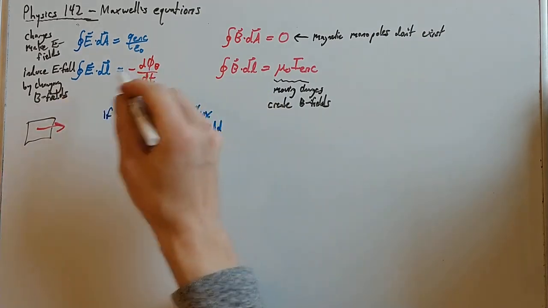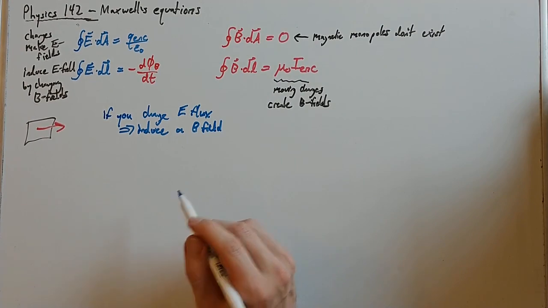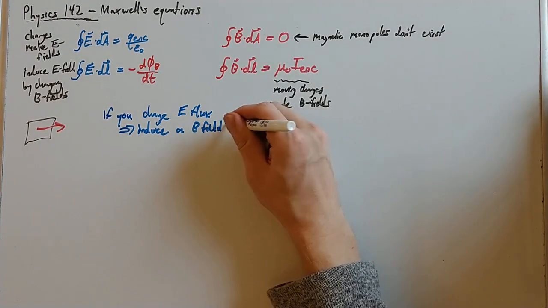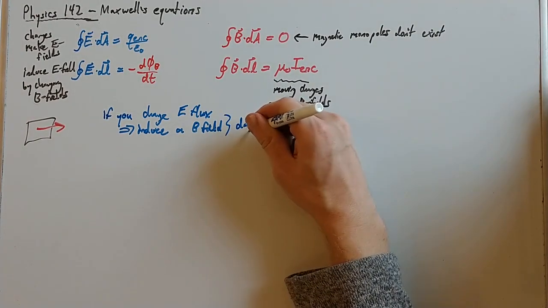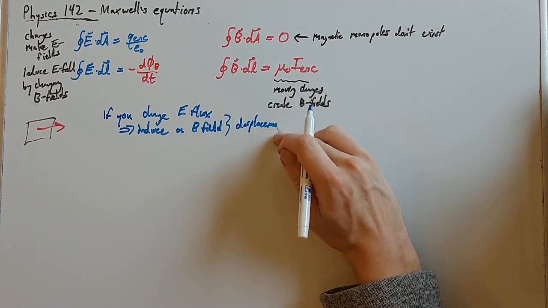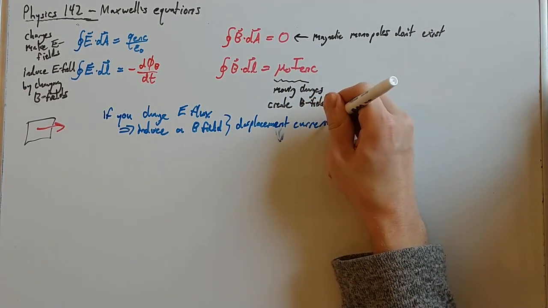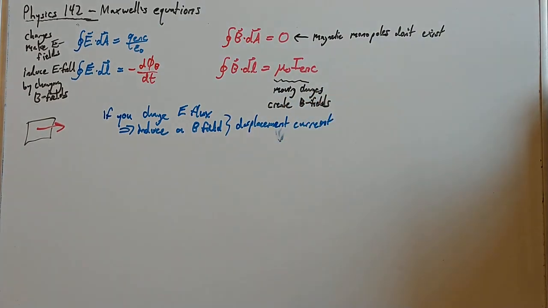So it turns out that this kind of works in reverse. If you change the electric flux, you can, in fact, induce a B field. This gets a special name. It's called a displacement current. And I'm just going to make sort of a units argument as to how this works.